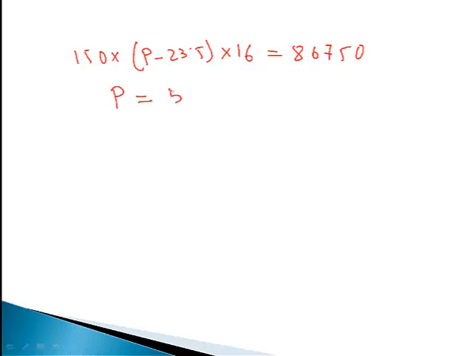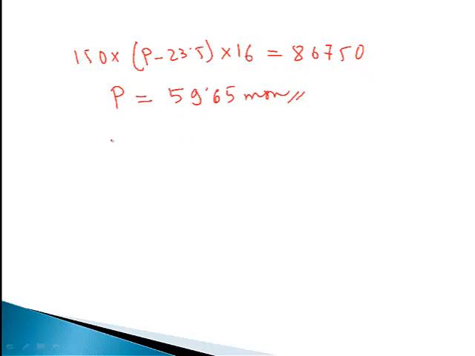So now if you have to find the pitch, what we'll do, we'll equate it. So 150 into (P minus 23.5) into 16 is equal to 86750. If you solve it, you will get P around 59.65 mm. Please find it out. I will not do the calculation because it's easy, just do it as the previous one.